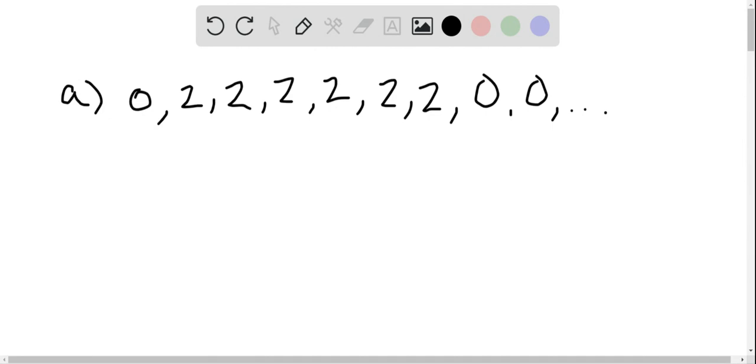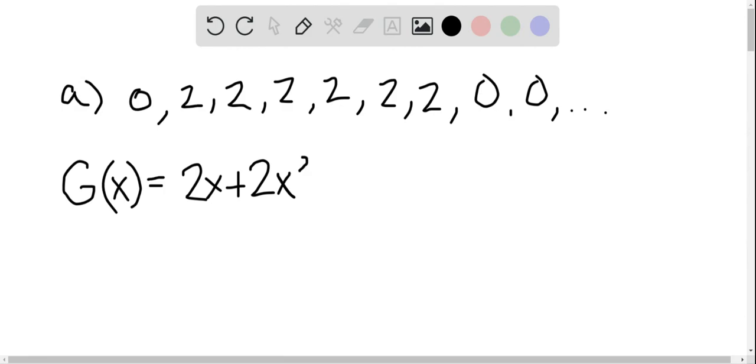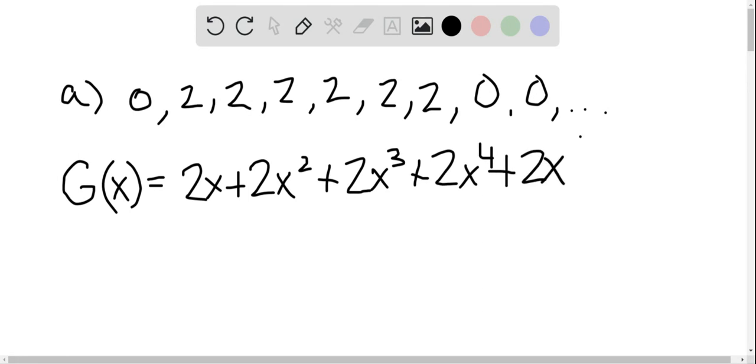The generating function for this sequence is g of x equals 2x plus 2x squared plus 2x cubed plus 2x to the fourth plus 2x to the fifth plus 2x to the sixth.